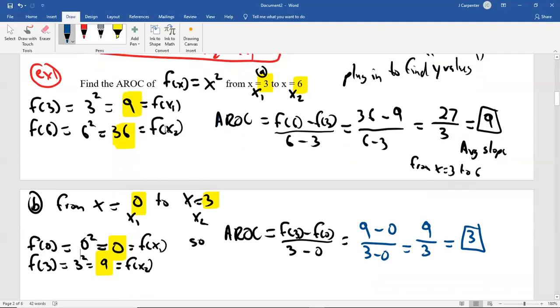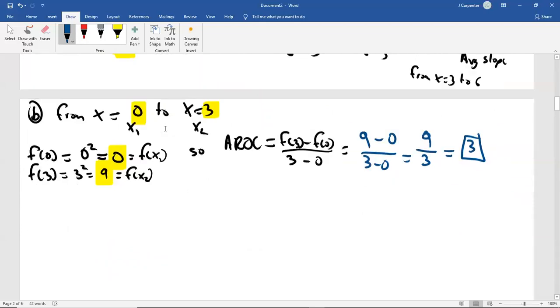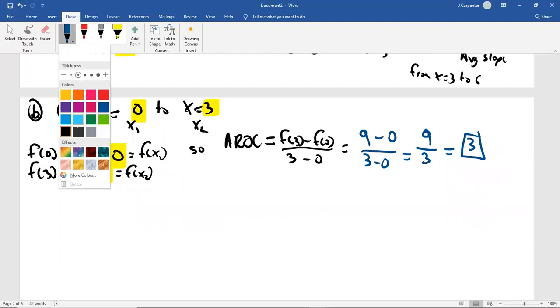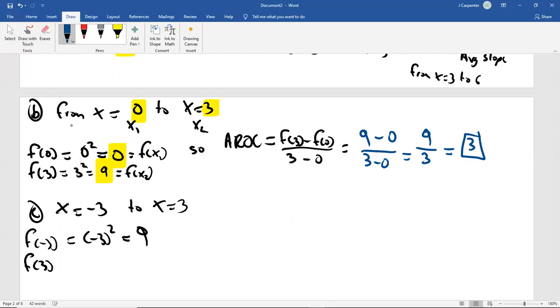Now, for fun, actually after we do this, let's do one more C. Maybe a little less work on C. But let's go from x equals -3 to x equals +3. So f of -3 is -3 in parentheses squared, which is +9, not -9. F of +3 we already know is 3 squared, which is 9.